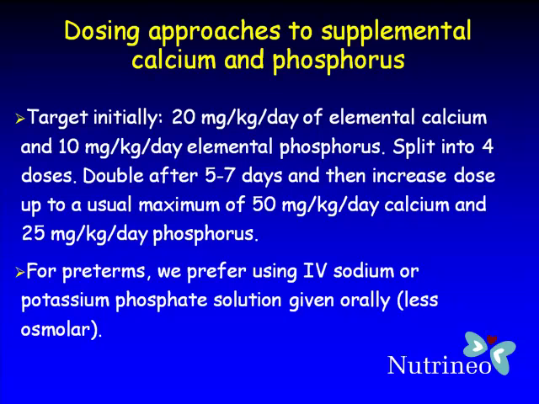So we go very cautiously, starting initially with about 20 milligrams per kilo of calcium and about half that of phosphorus, divided in 4 doses, and then fairly slowly going up to 50 milligrams per kilo per day of calcium and half of that of phosphorus. We do this extremely uncommonly.